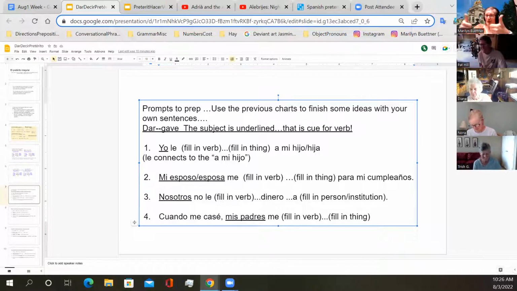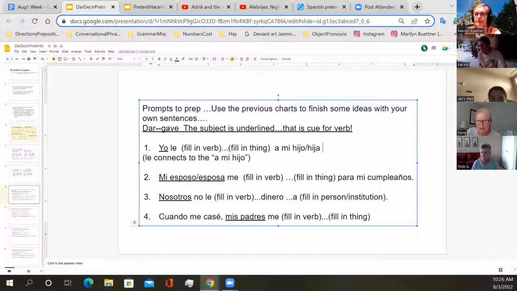Oh, ¡qué sorpresa! Fantástico. Vale, bueno, algo más. El año pasado, mi esposo me dio una cartera bonita para mi cumpleaños. Excelente, sí. Exacto. Is it a card or a purse? Purse. Oh, a purse. Very bien, sí. Algo más. Anything else?